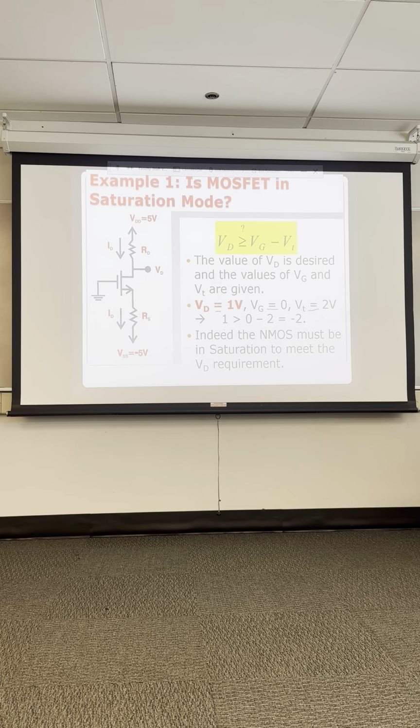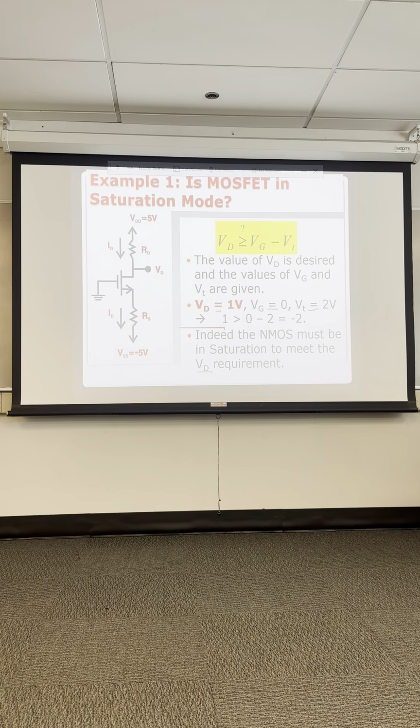So the drain voltage is 1 volt, that is greater than the gate voltage of 0 minus the threshold of 2 volts. So 0 minus 2, and that gives 1 volt is greater than minus 2, so the MOSFET must be in saturation in order to meet the drain voltage requirement.